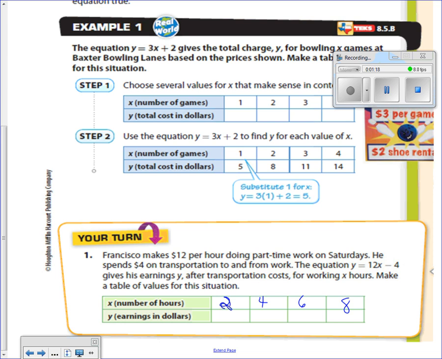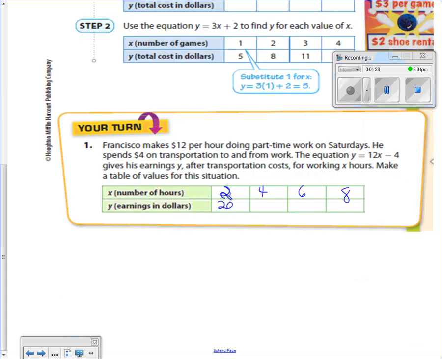So starting with the first one, 12 times 2 is 24, and 24 minus 4 is 20. Let's explain this a little bit. This will work. So y equals 12 times 2 minus 4, that equals 20. y equals 12 times 4 minus 4.